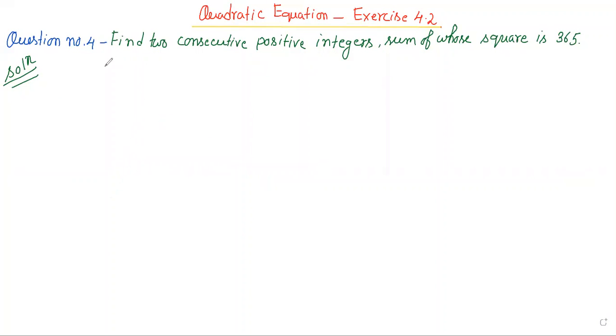So here, let x and x plus 1 be two consecutive positive integers.